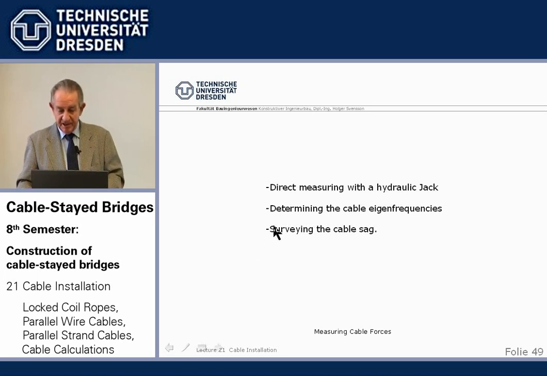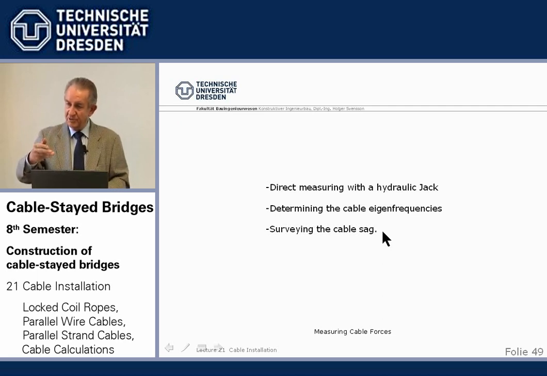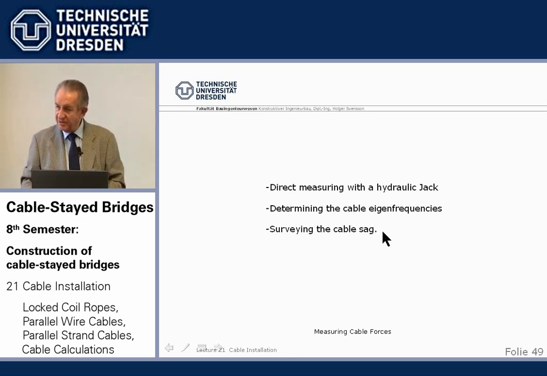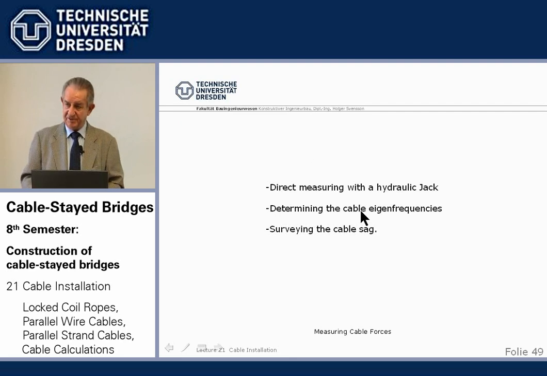Then the second way: we can try and survey the cable sag. With a very small calculation, when we know the dead weight of the cable and the length of the cable, then we know the force which corresponds to the sag, just by surveying the sag. And the third is determining the cable eigenfrequencies.